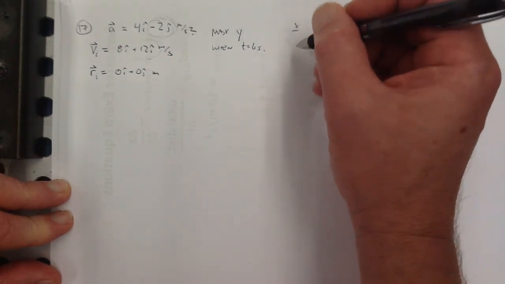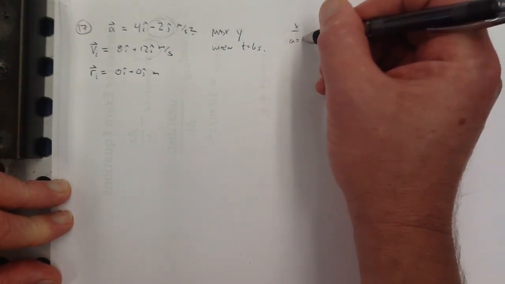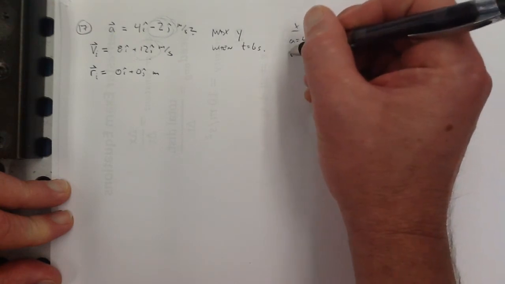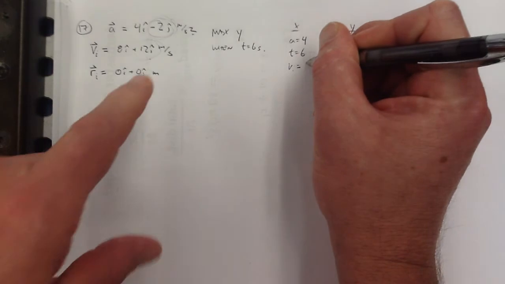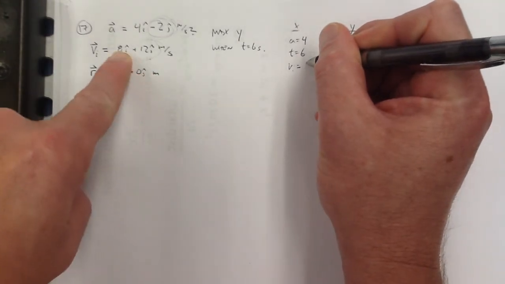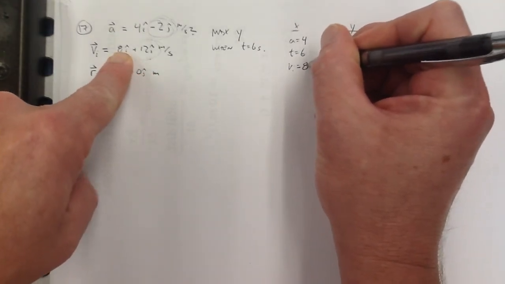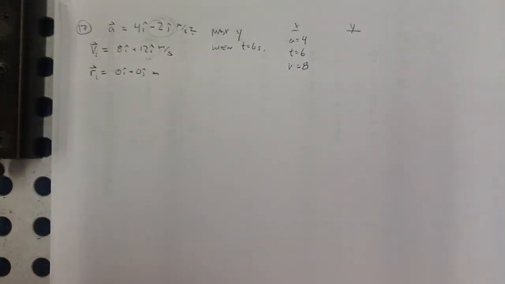So, in the x direction, my acceleration is 4. That's going to happen for 6 seconds, and the initial velocity is 8. And we want to know what's the velocity when this happens. So that's easy to do, actually.